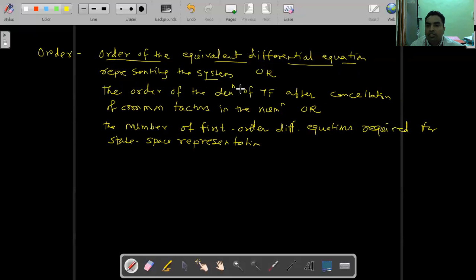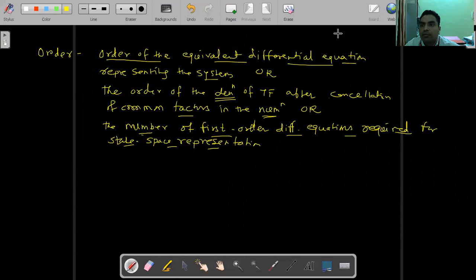Or it is also defined as the order of the denominator of the transfer function obtained after cancellation of the common factors in the numerator. Also, it is the number of first order differential equations required for state space representation. This is called the order of the system.